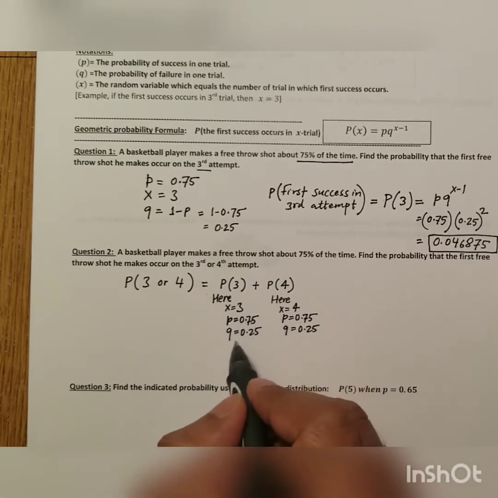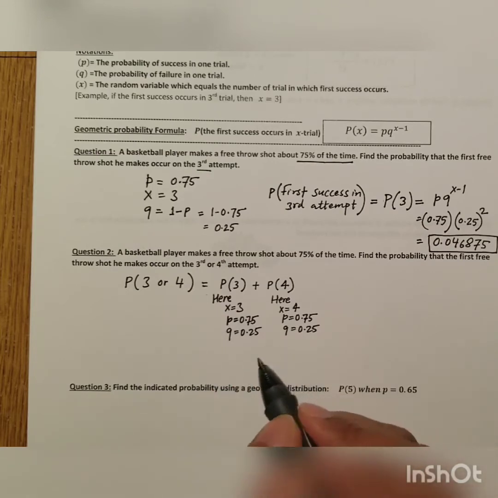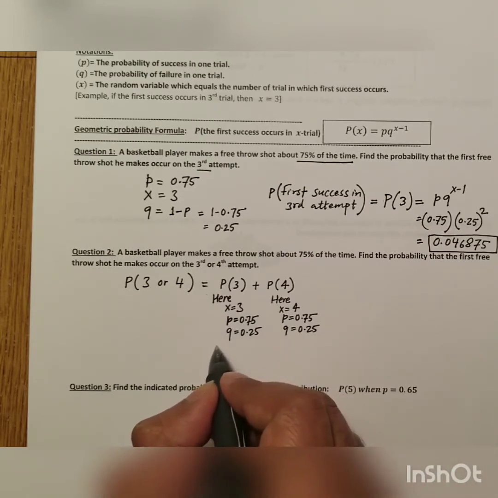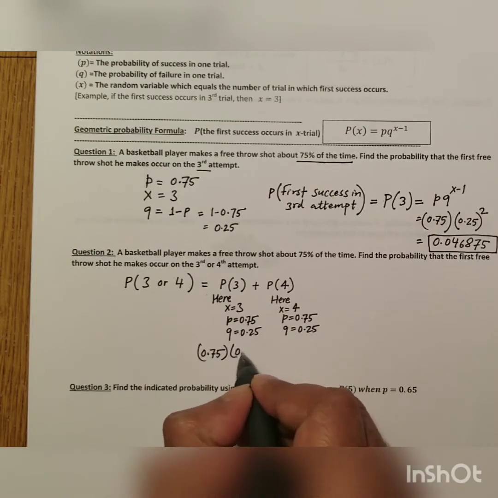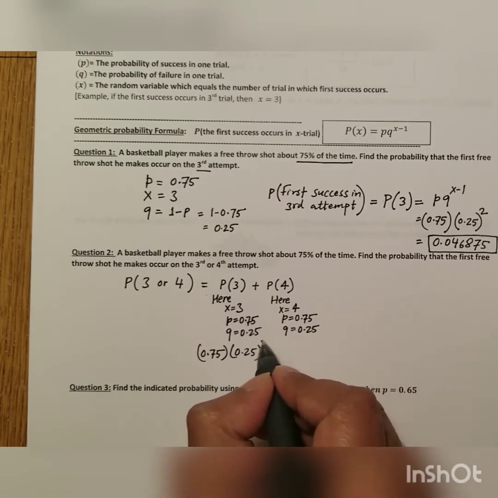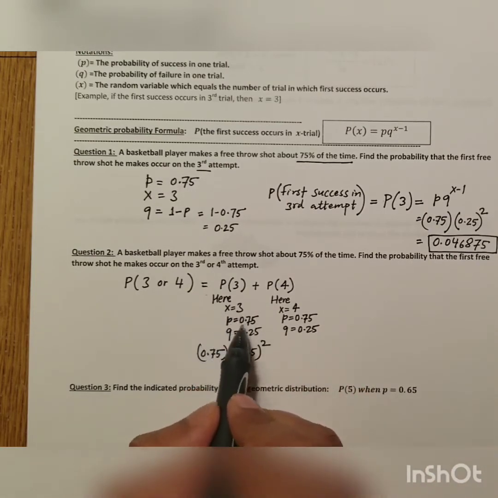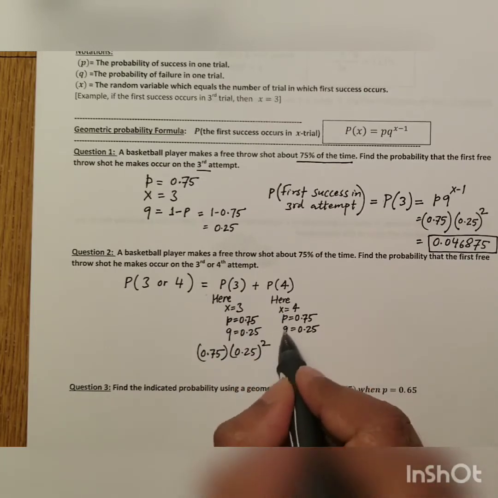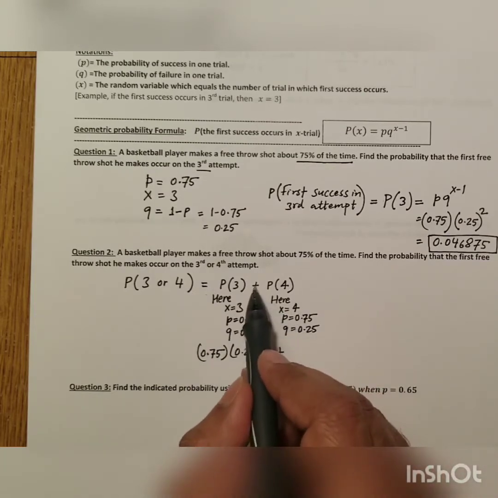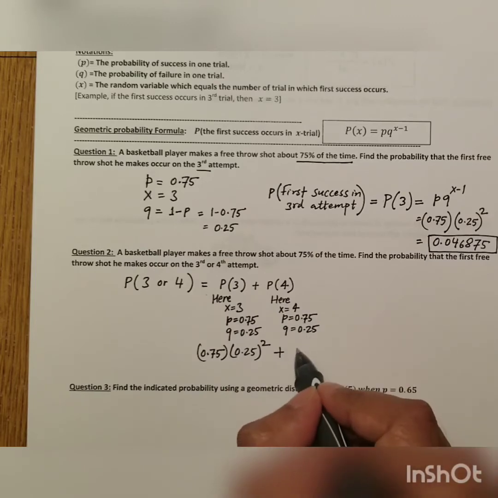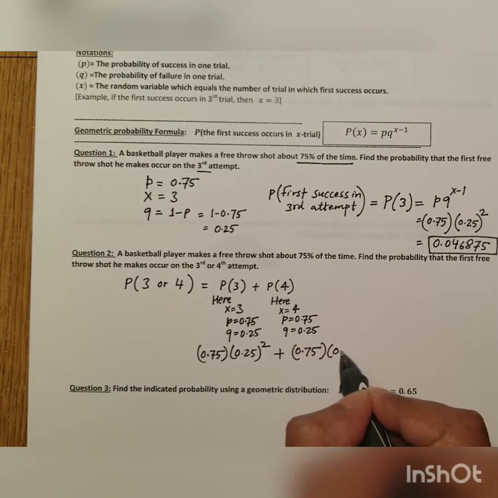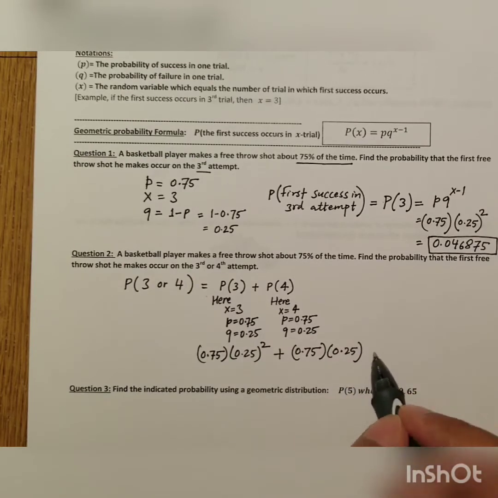So here we use p times q to the x minus 1. So 0.75 times 0.25 to the 2, because x equals 3, so 3 minus 1 is 2, plus 0.75 times 0.25 to the x minus 1.